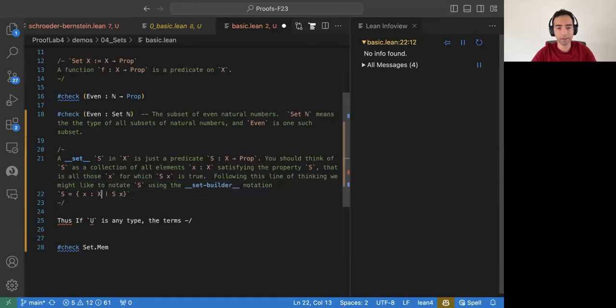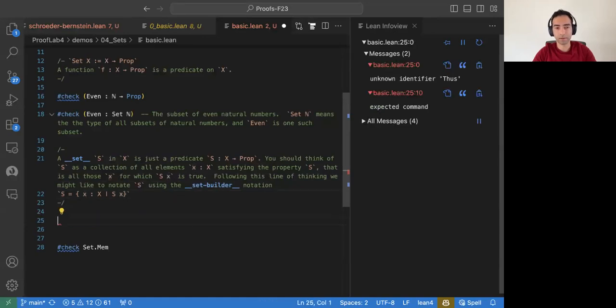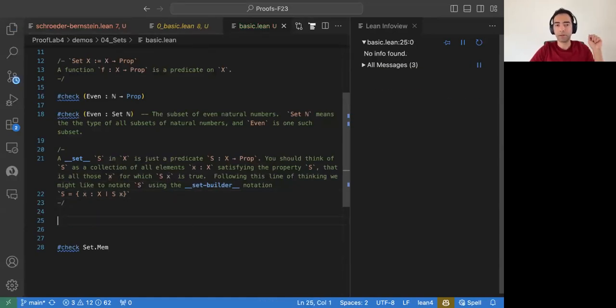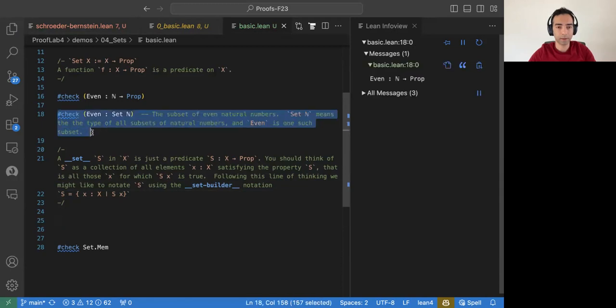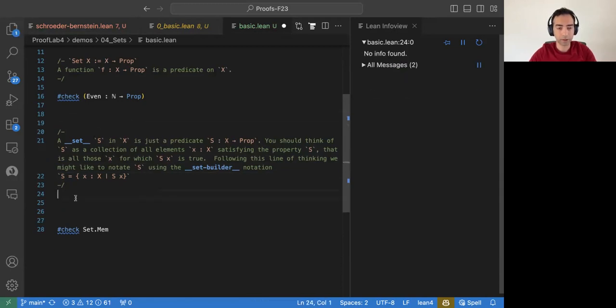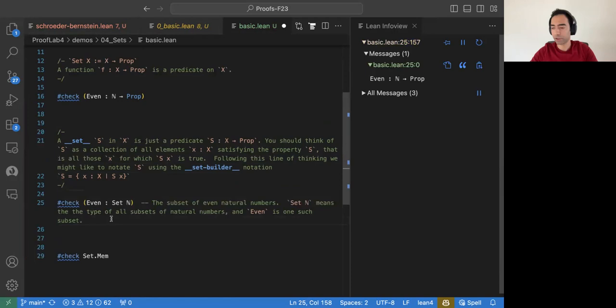So we collect all little x from the type X which have the additional property that S of X is true for them. Any questions so far? Okay, so what I did here, essentially I picked all the even natural numbers.